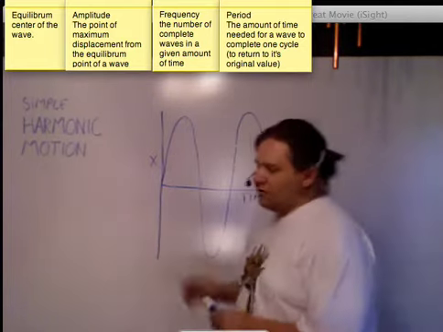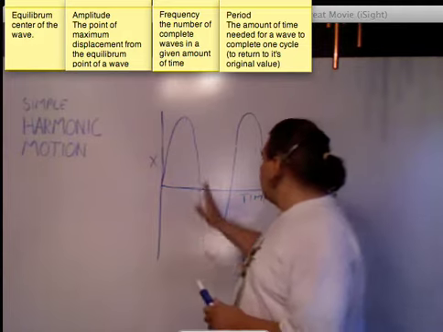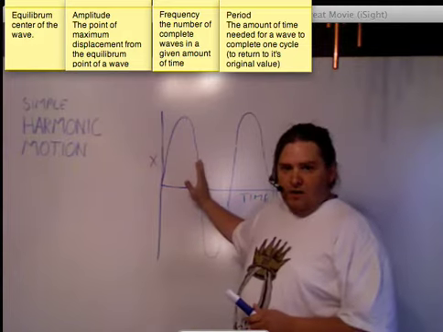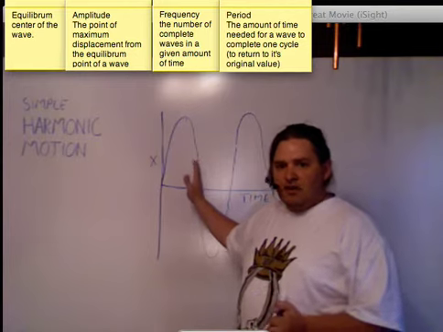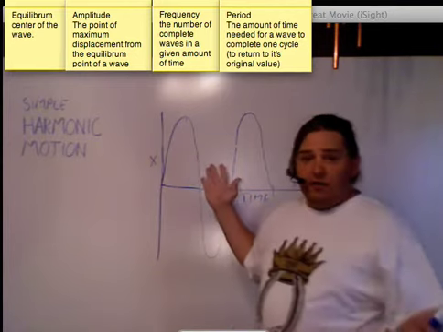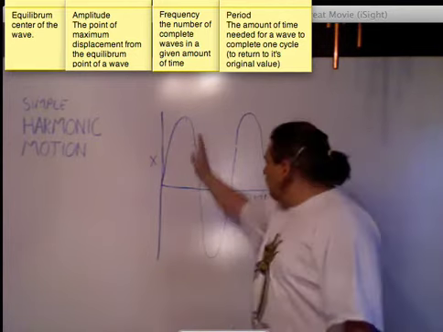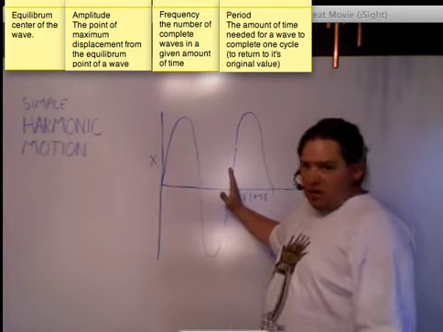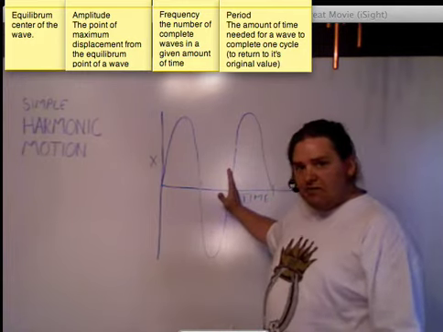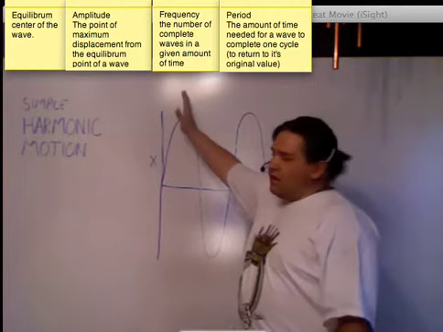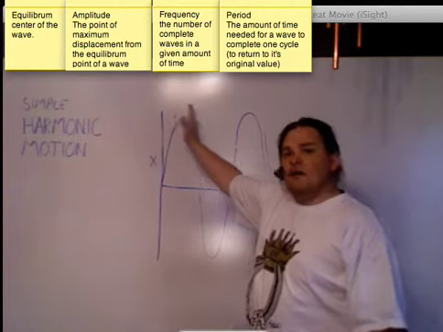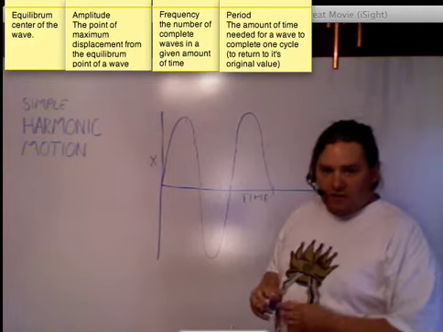So looking over this graph, if I hit here in 1 second, how long is it going to take to get 1 complete cycle? Well, if this is 1 second, then to here would be 2 seconds. So the period of this wave would be 2 seconds. If it was here in a second, then the period of the wave would be 4 seconds.